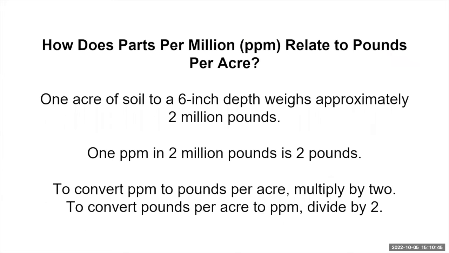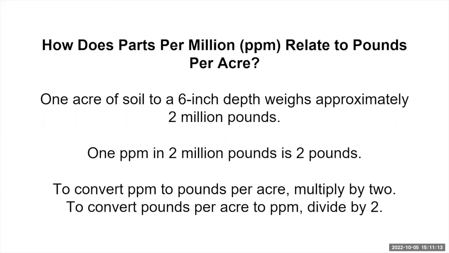Just a quick note on parts per million and pounds per acre. One acre of soil to a 6-inch depth is approximately 2 million pounds. So 1 ppm, 1 part out of 2 million pounds, would be about 2 pounds. So to convert ppm to pounds per acre, you multiply by 2. To convert pounds per acre to ppm, you would divide by 2.